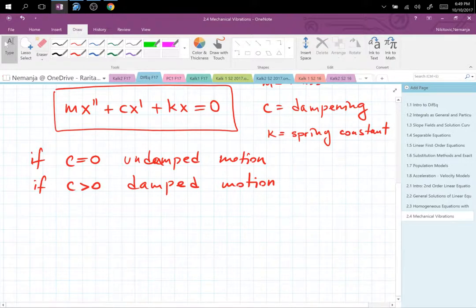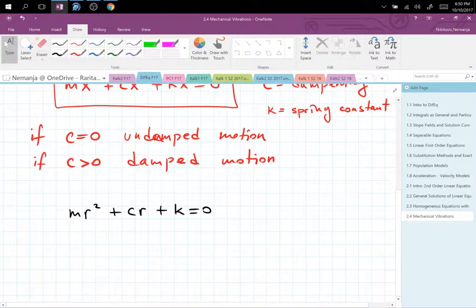Now, what do we know about this? Well, if you look at the equation, you can write m r squared plus c r plus k equal to 0.